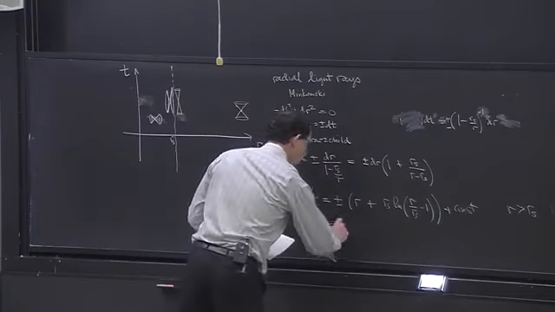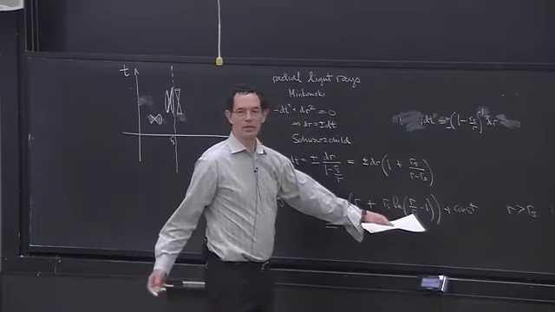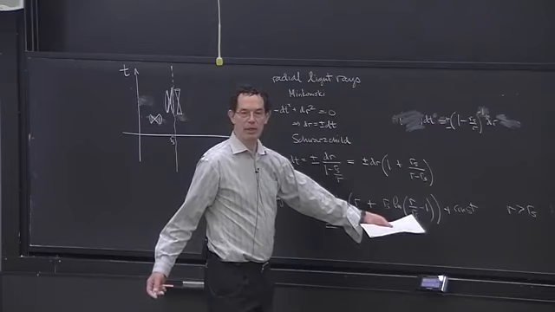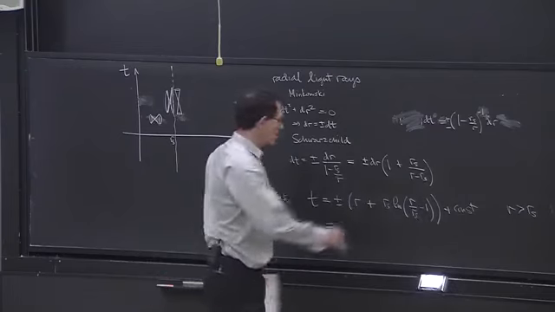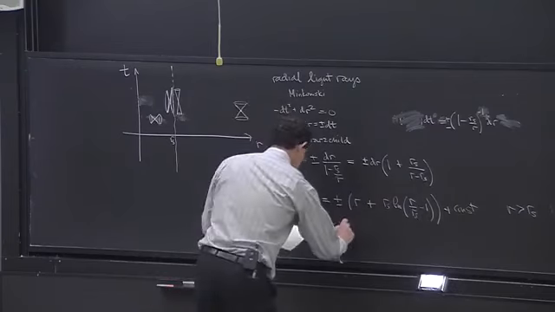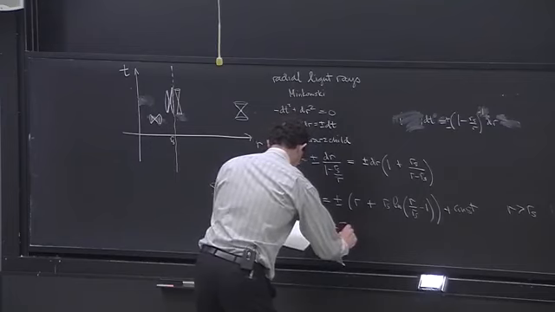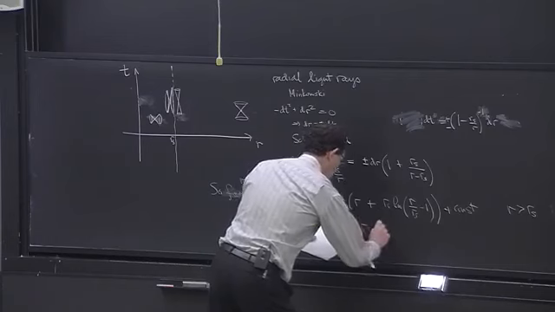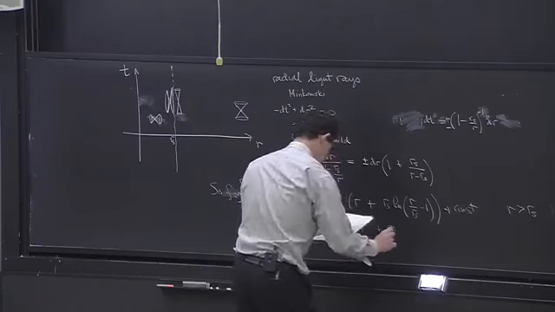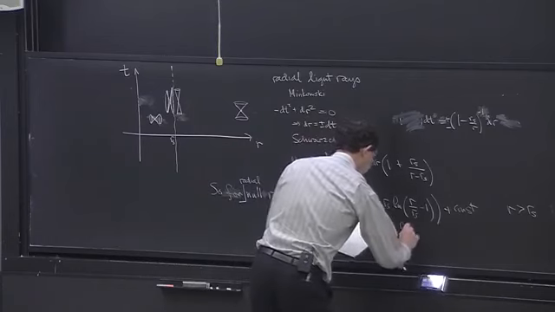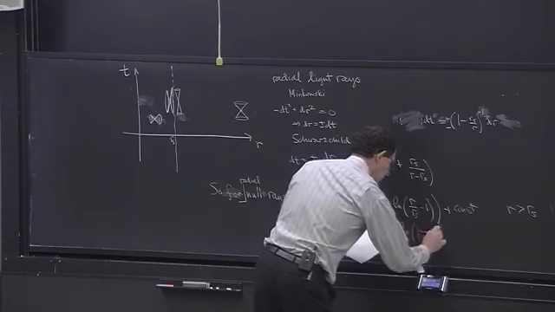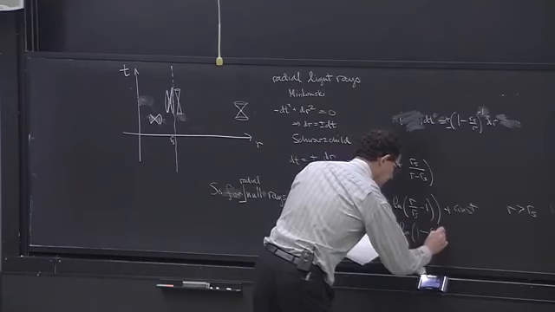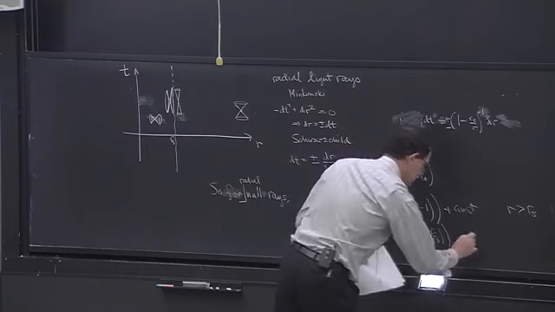But for r less than rs, I certainly can't use this expression because the log would have an imaginary part. So I have to choose the other branch of the log. So I will choose r plus rs log(1 minus r over rs) plus constant.